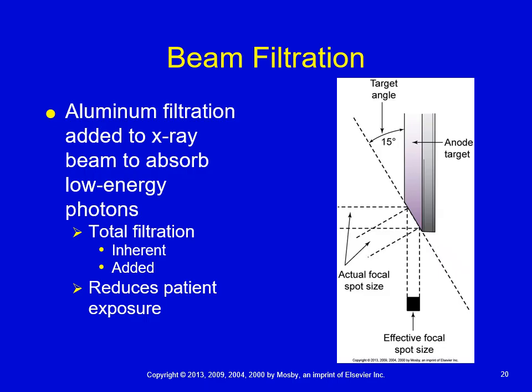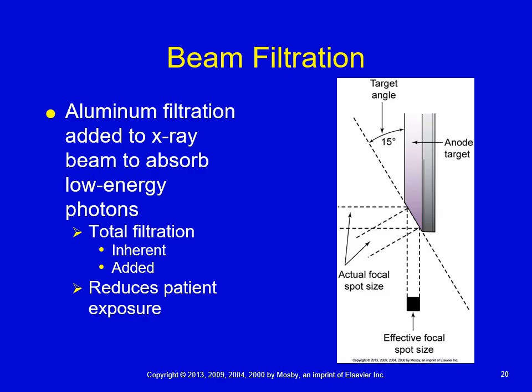It is outside of the protective housing, usually outside of the tube collimator, lead, and the mirror, all of that. It's added between the collimator and the housing, and it's usually 2 millimeters of aluminum equivalent.